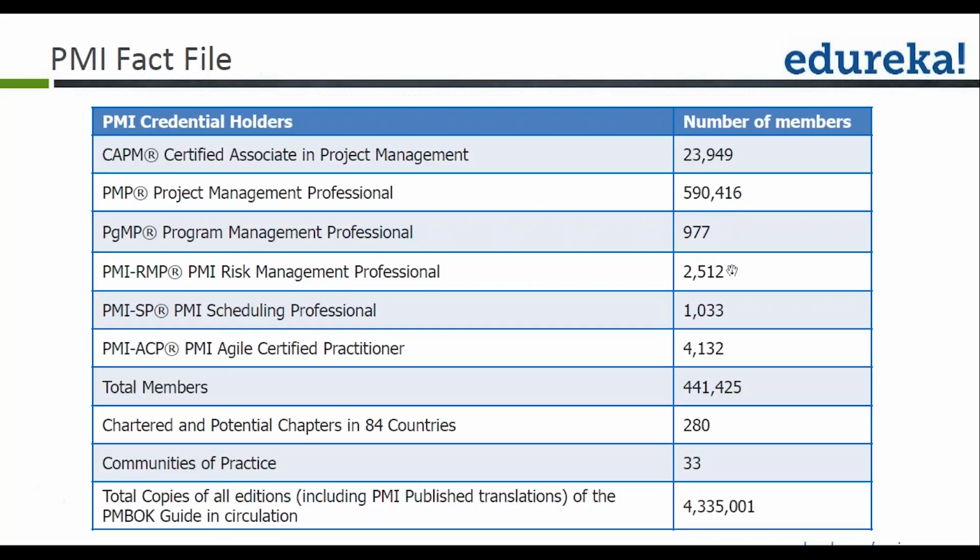Program Management Professional is 977. Risk Management Professional is 2512 worldwide. Scheduling Professionals are 1033. Agile Certified Practitioner, if you remember, I told you that it's the third most popular certification, is 4132, and the total PMI members are 4132.